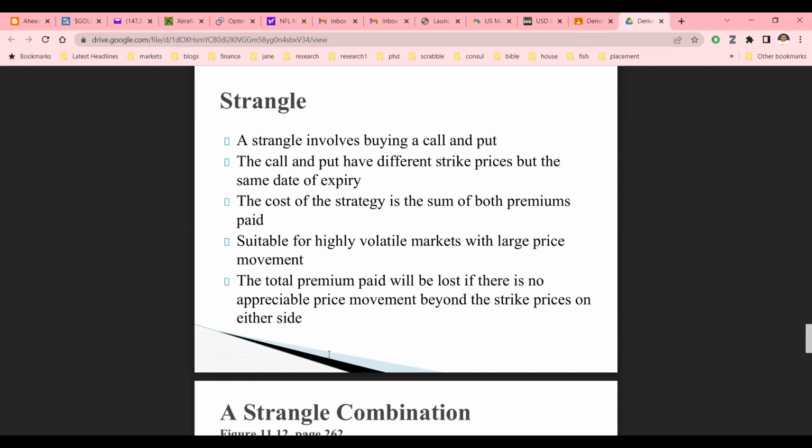But in a strangle, the difference is you are going to buy an out of the money put and an out of the money call. So if Nifty is 16,700 today, I will buy a 16,800 call and a 16,500 or a 16,600 put. So when will I lose money or make money in this strategy?